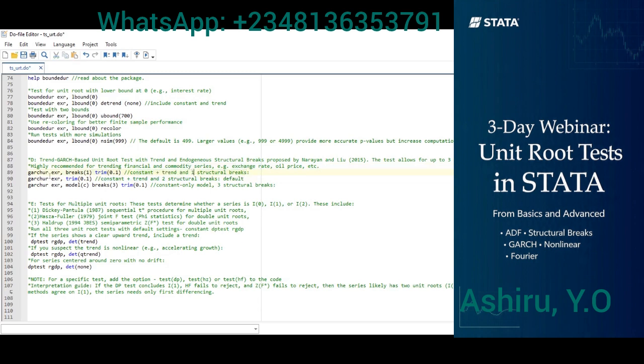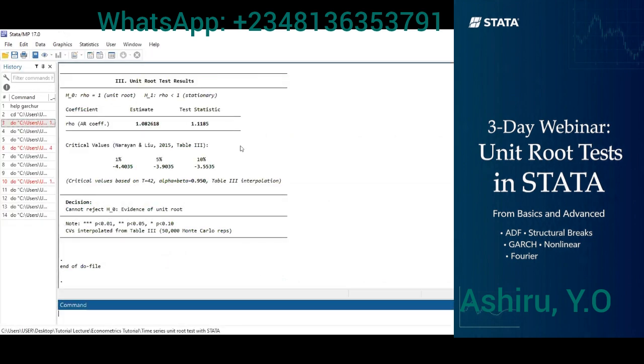We can see I put the command, then the exchange rate, then breaks, then the number of breaks, and I put one there. Then trim, where I ask it to exclude 10%. Now if I run that, let's see what happens. You can see this is the test.